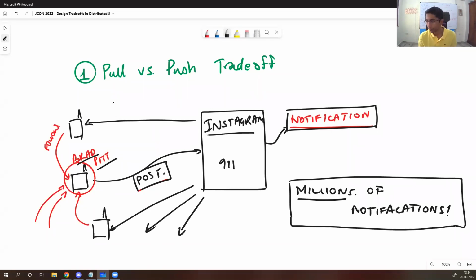So that's the problem with the push model. When you push notifications in a notification system to all clients who are interested in a certain type of notification, it doesn't work because there is too much load on the server. This is the problem that we have. How do we solve this?